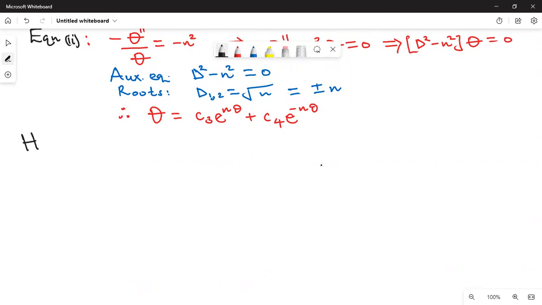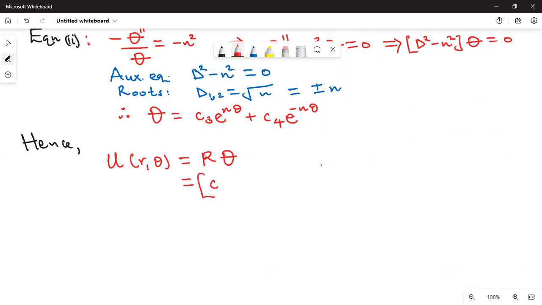Hence, now we need the general solution of the PDE. Our u as a function of r and theta is equal to, remember it was R capital times theta capital. Let's multiply them.